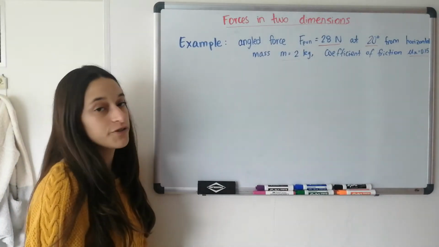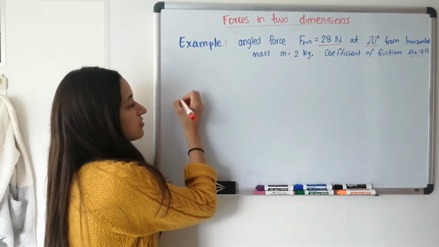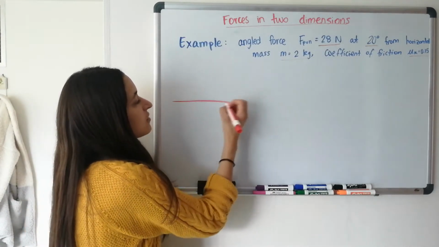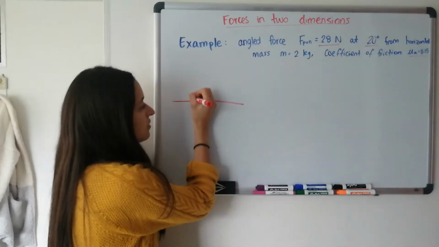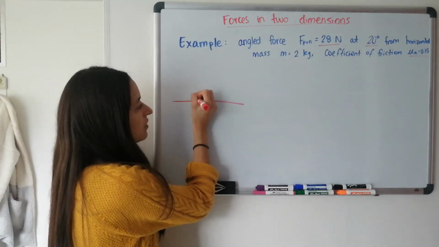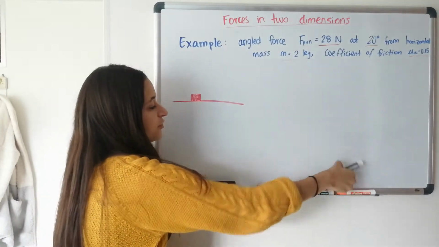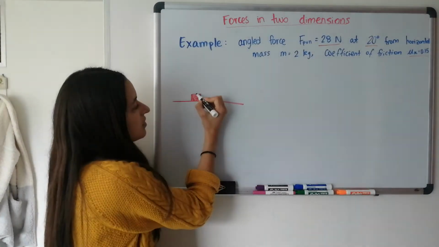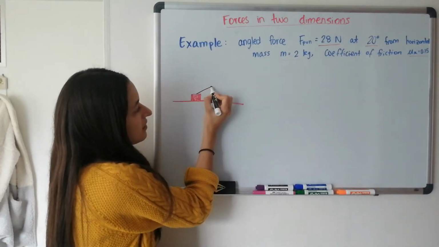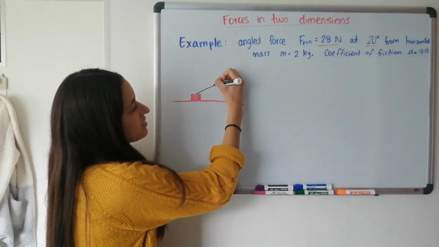So what we do there first is draw the situation. So we have the horizontal floor, we have our little object, and we're going to have a pulling force at 20 degrees.